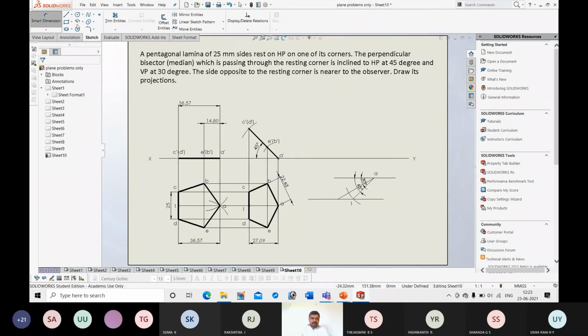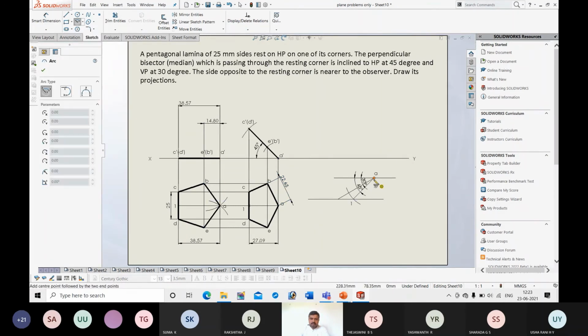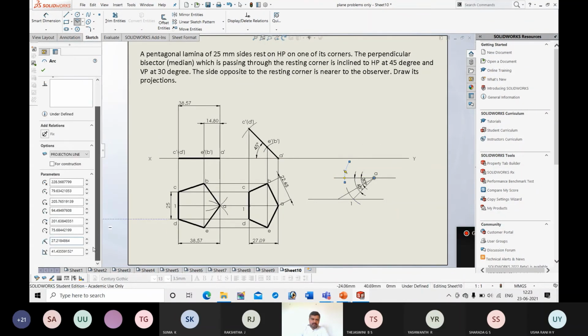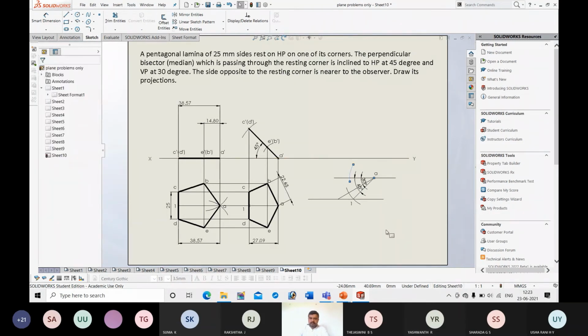Next, cut an arc with A as center and this as radius, 22.65, the radial distance between A to B. Next, I know point 1.